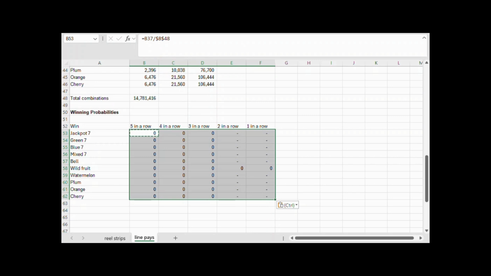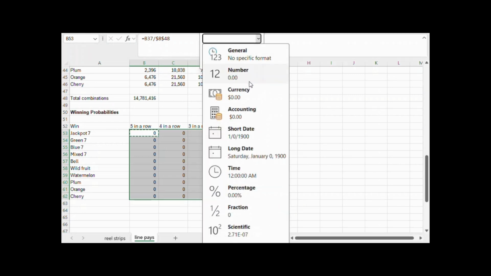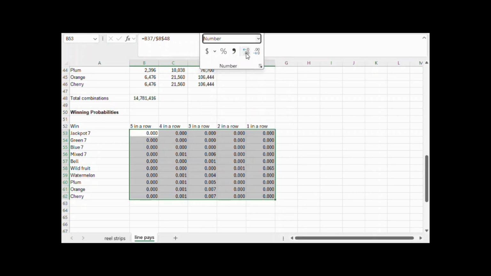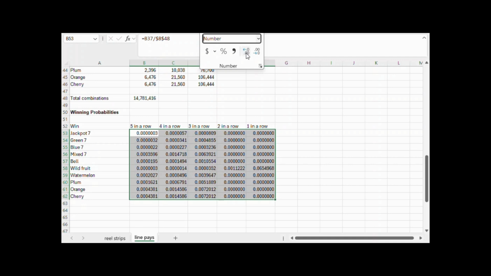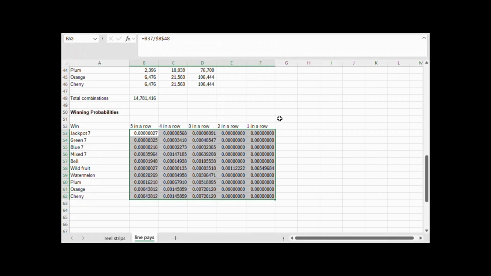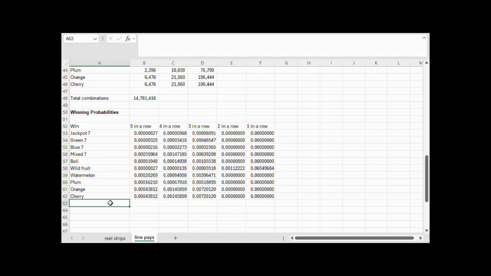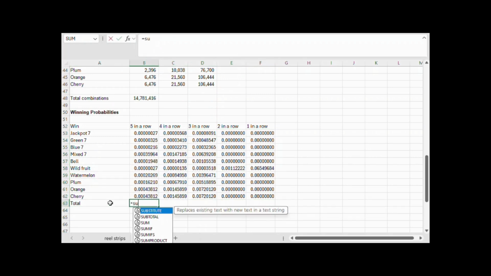And let's put those numbers in the form of 8 decimal places. So there are all our probabilities.